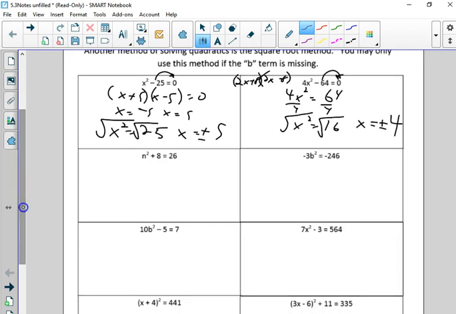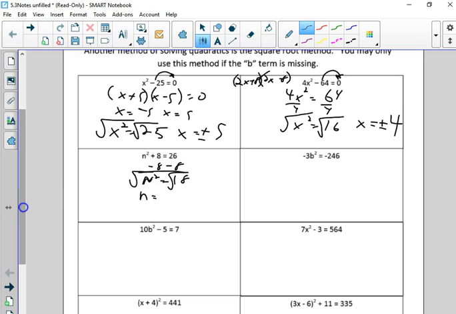Now, this next one looks like, well, we can't do anything with that. No. But if we minus 8, we get n squared equals 18. Now, even though 18 is not a perfect square, that's okay. We've dealt with this before. We can square root both sides.